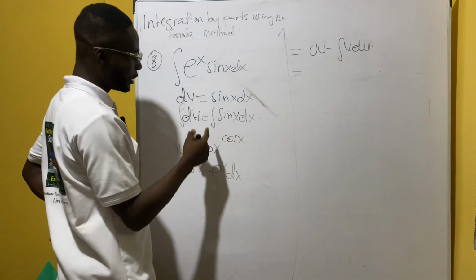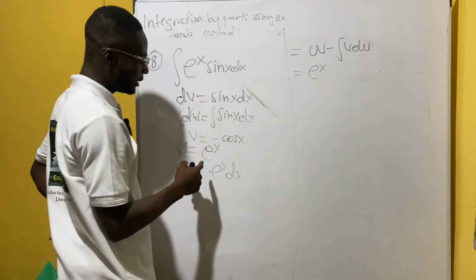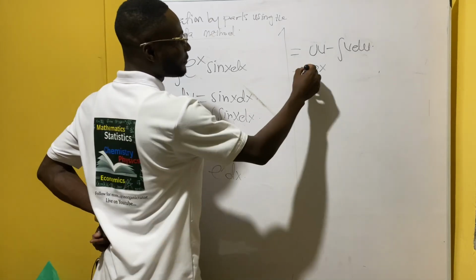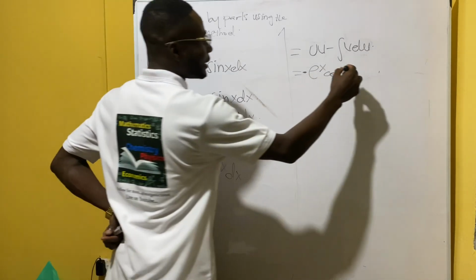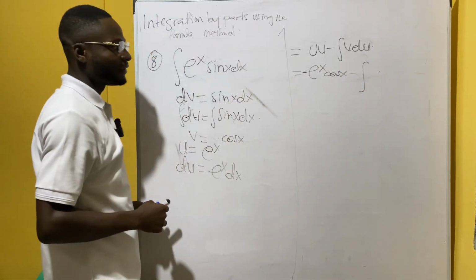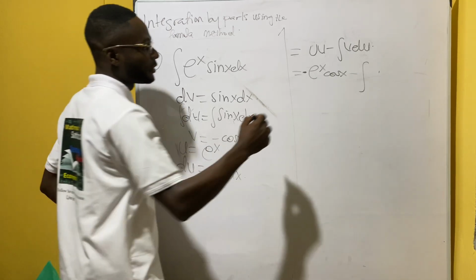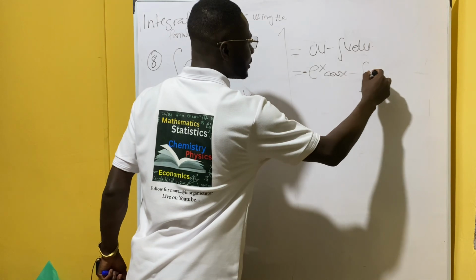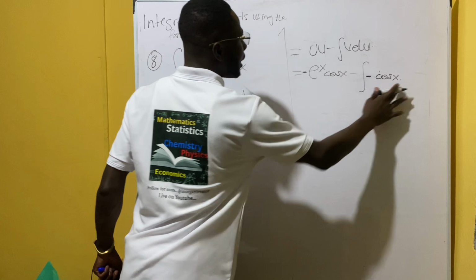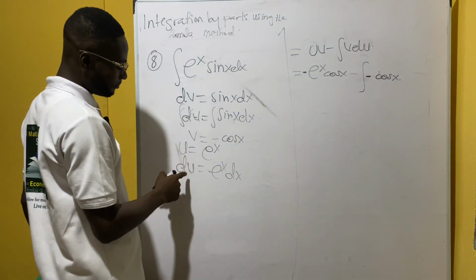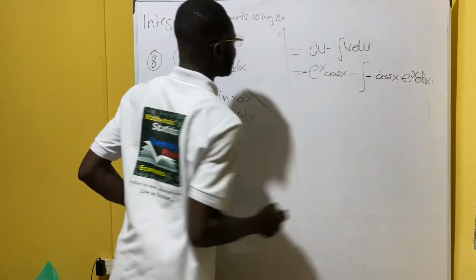Our u is e power x and our v is negative cos x. So we have negative cos x e power x, minus the integral of v, which is negative cos x, times du, which is e power x dx.